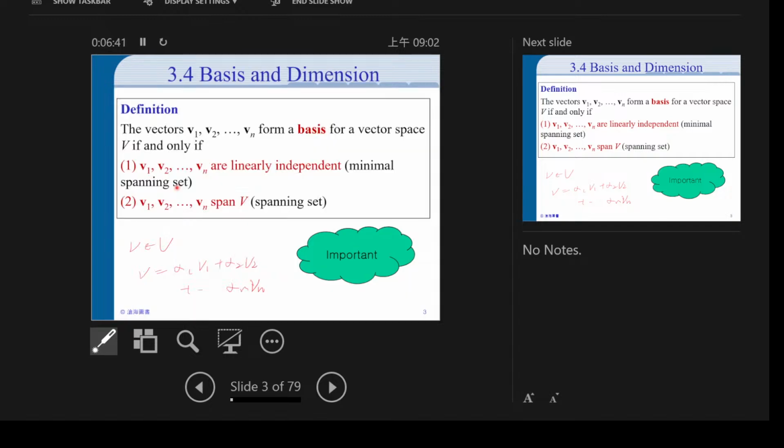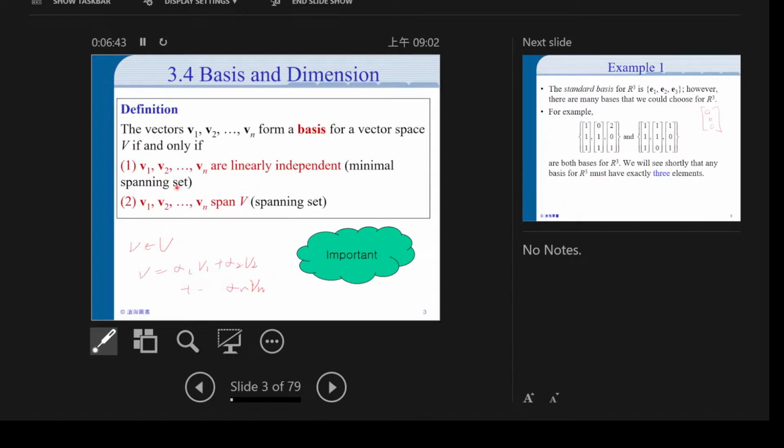Now we have a more formal definition. A basis for a vector space V is a set that satisfies two properties. First, the set of vectors needs to be linearly independent, as we said for a minimal spanning set.